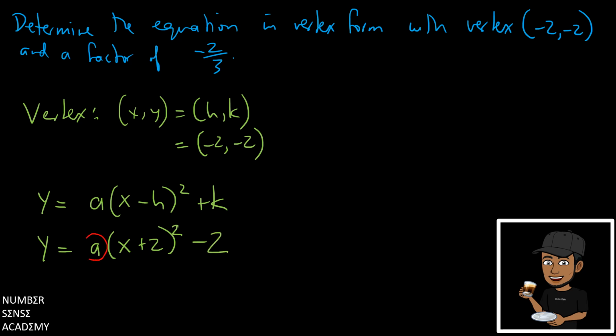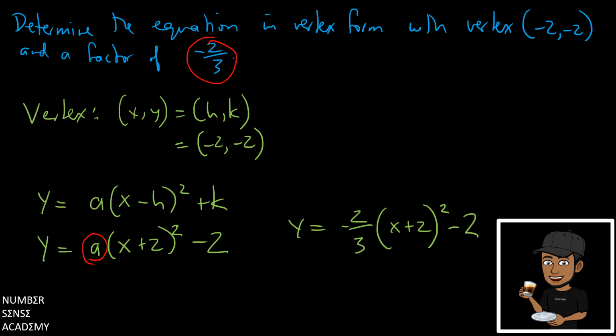But we're missing a. How do we get a? Well, it says the factor, so that's given. So it just really becomes y is equal to -2/3 times x plus 2 squared minus 2.